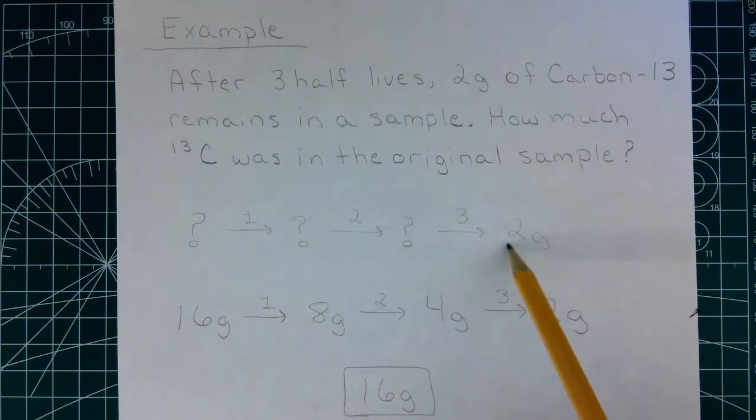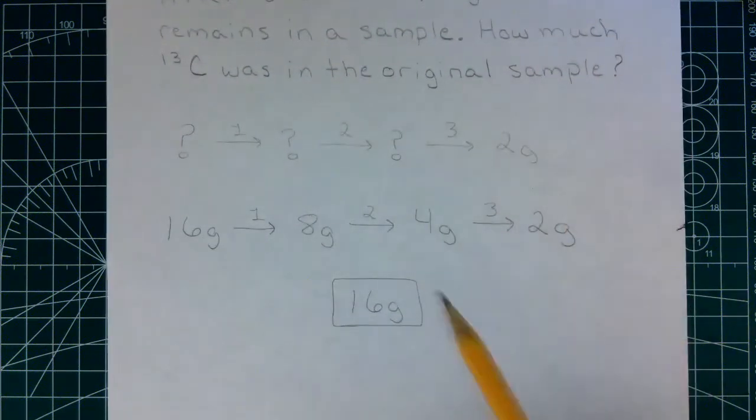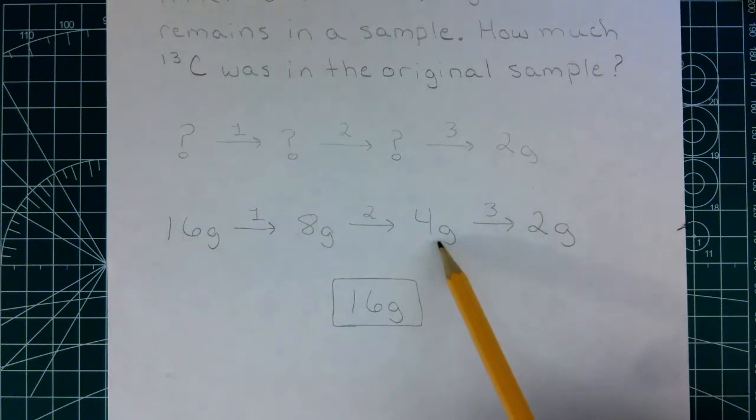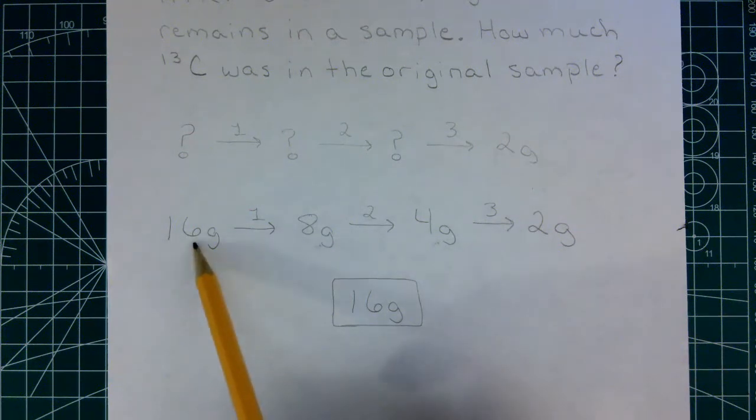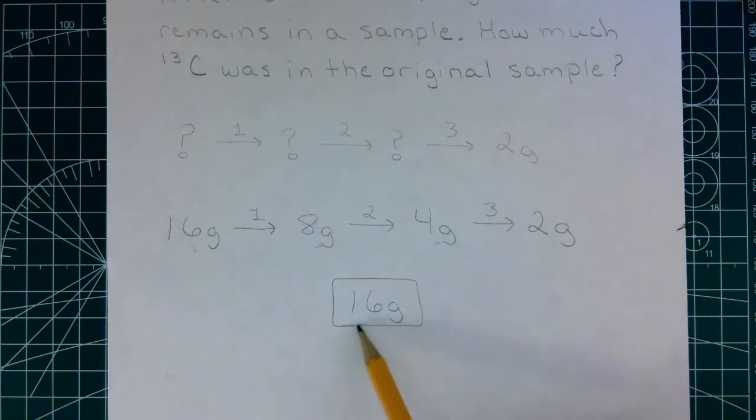If we're left with 2 grams, that means that after the third half-life there was 4 grams. Before the second, there was 8 grams, and before the first one there was 16 grams. So we started off with 16 grams of carbon-13.